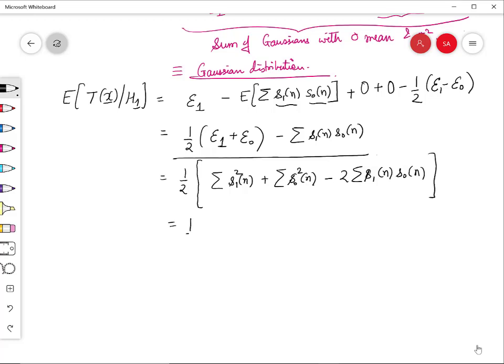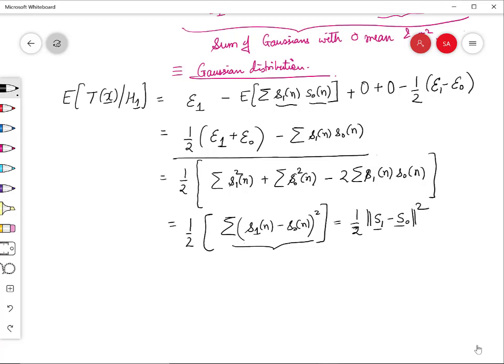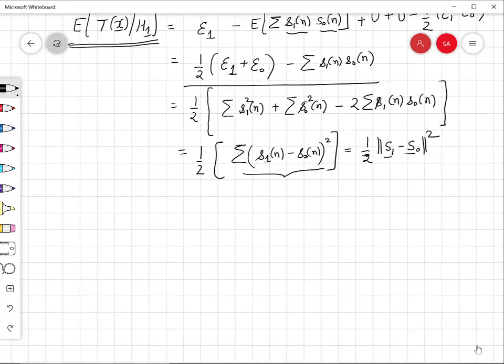And this particular quantity you can write as S1n minus S0n whole square, okay. And this we can write in vector form. This is half of vector S1 minus S0 norm square, okay. So this is the mean of this particular test statistic given hypothesis 1 is correct.